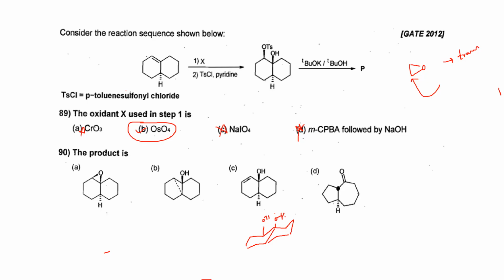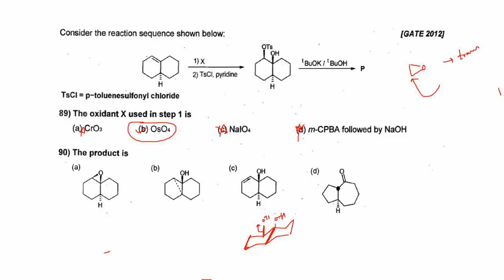Now for this elimination we need to find a trans bond which will be eliminated anti-periplanar. There is no such anti-periplanar H with respect to this, but this bond is anti-periplanar to this carbon-oxygen bond.